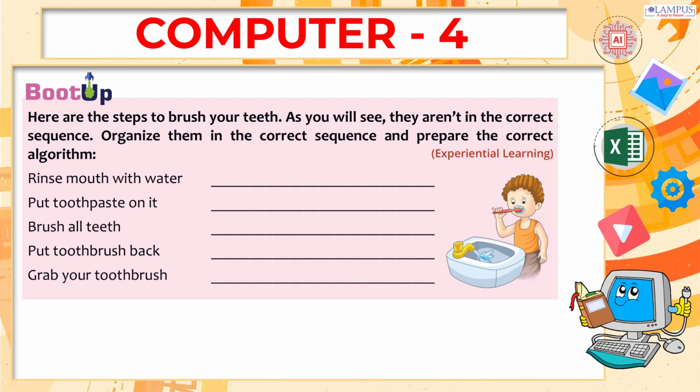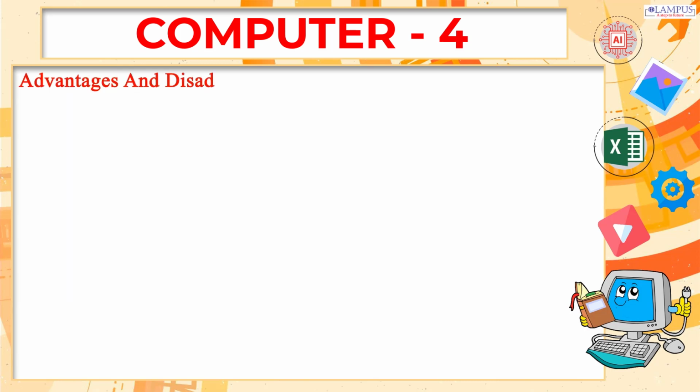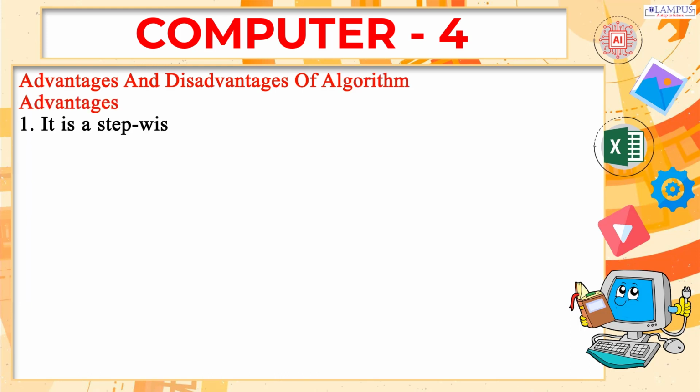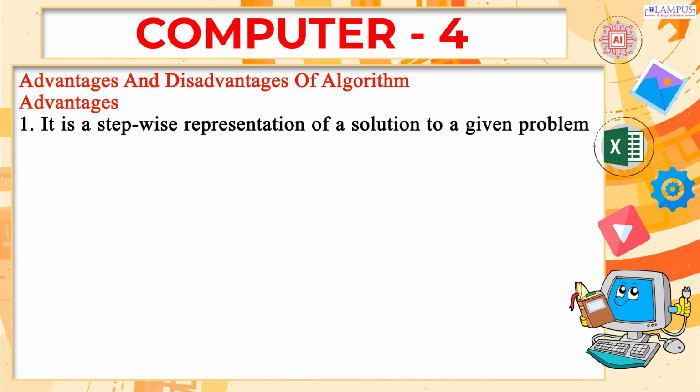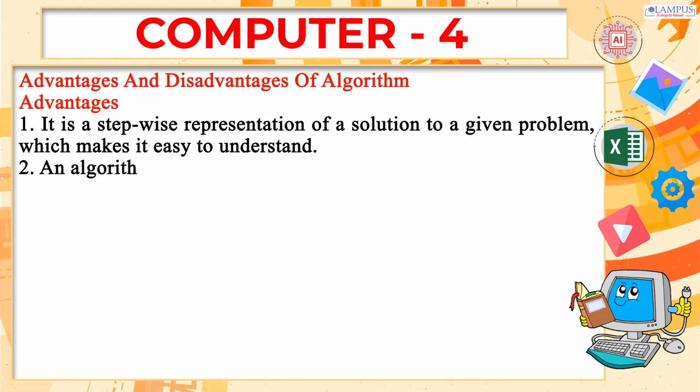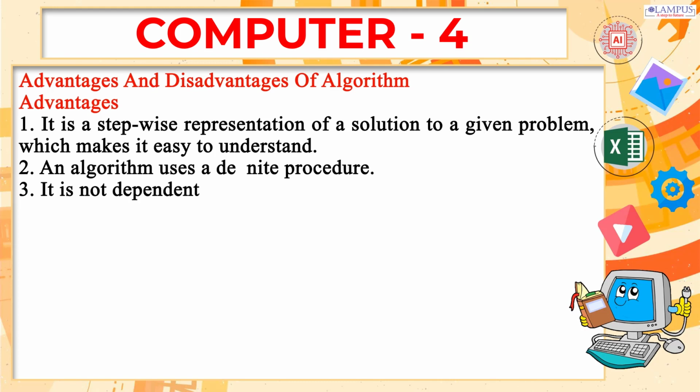Grab your toothbrush. Advantages and disadvantages of algorithm. Advantages. 1. It is a stepwise representation of a solution to a given problem, which makes it easy to understand. 2. An algorithm uses a definite procedure. 3.